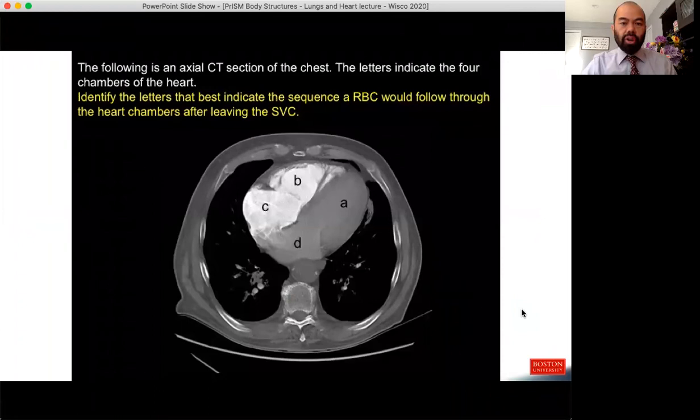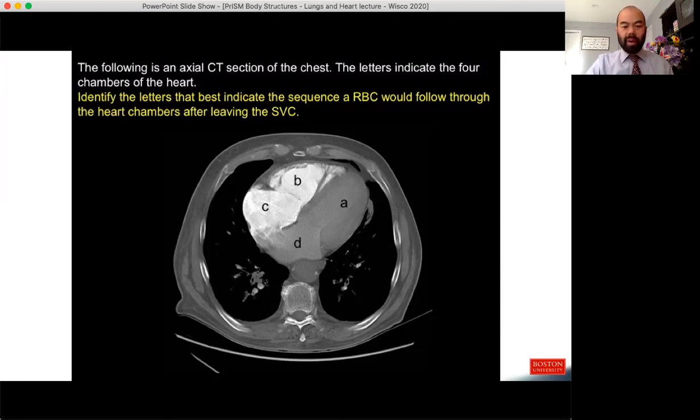Okay, so if I took a cross section through the middle of the heart to show this four-chambered view, the question that I have for you is, which chamber is what? Pause the video and take a moment to try to figure out which chamber is what based on the orientation that I just gave you.